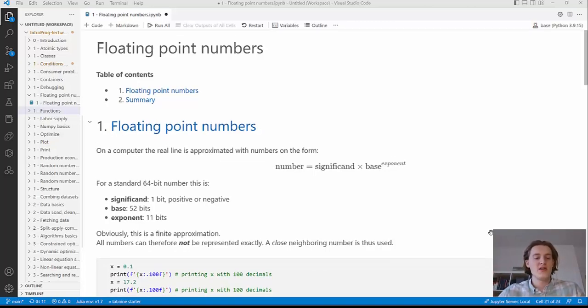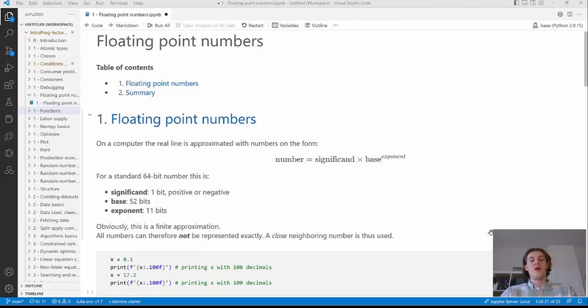The reason for this is, if you can remember the real line of all real numbers from your math class, the line where you have the negative numbers and positive numbers, and then 0, 1, 2, 3, 4, 5, and all the numbers in between are the decimal numbers.